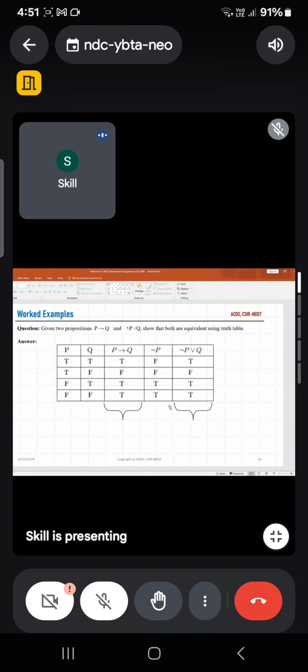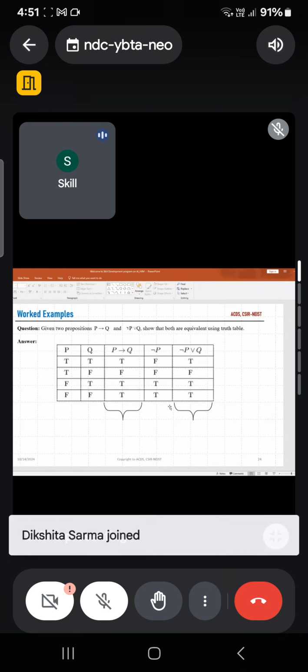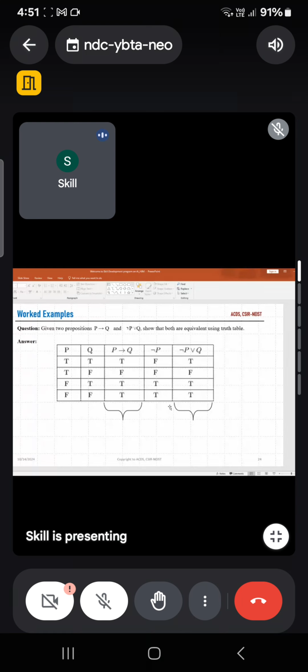So the propositions we are using can be explained in a truth table. There are two propositions and two variables. Let's say P and Q. For P and Q, we can write the truth table. In the table we will write P on one side and Q on the other side. First we will write true, true, true, false, false, true, and then false, false.